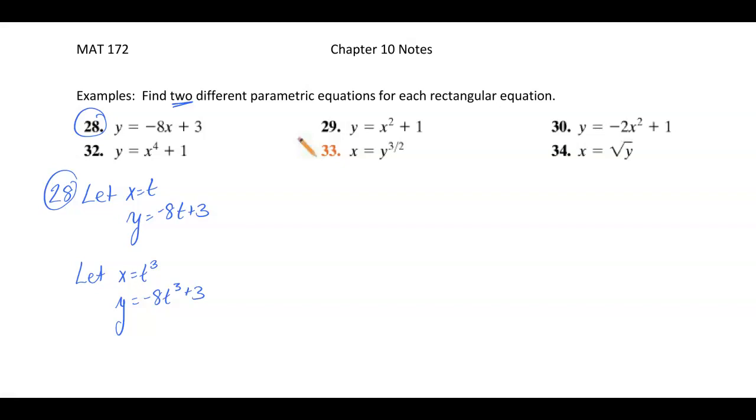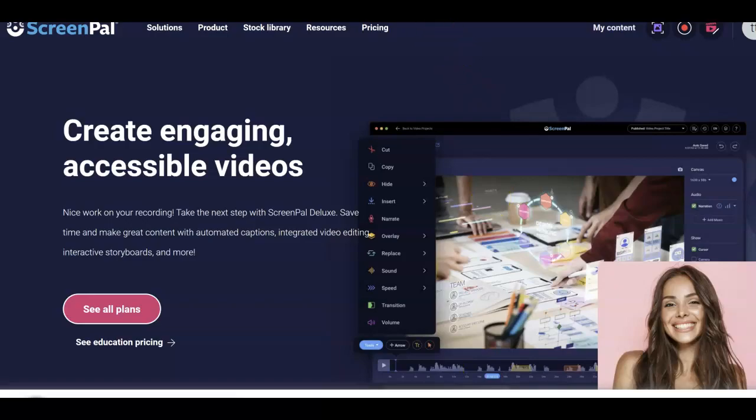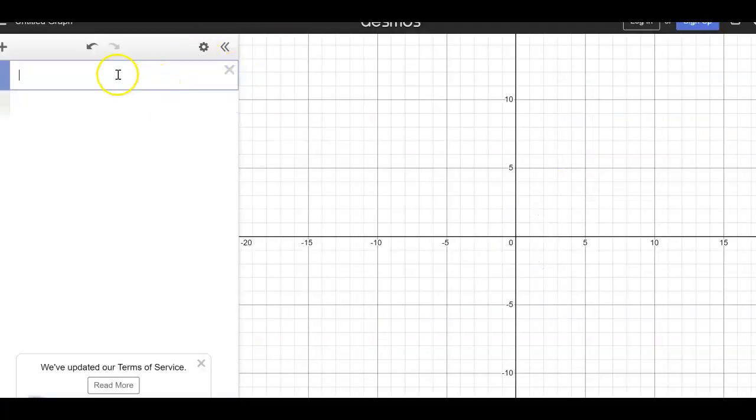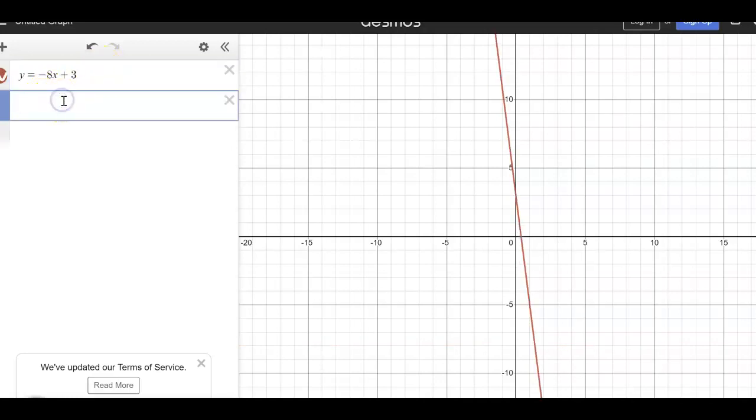Now, both of these are going to model the exact same equation, and we could always check that in Desmos. So let's go to Desmos and let's look at that. So my original equation, there's my rectangular equation.